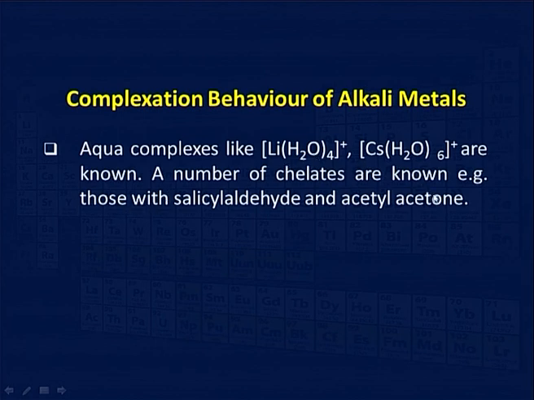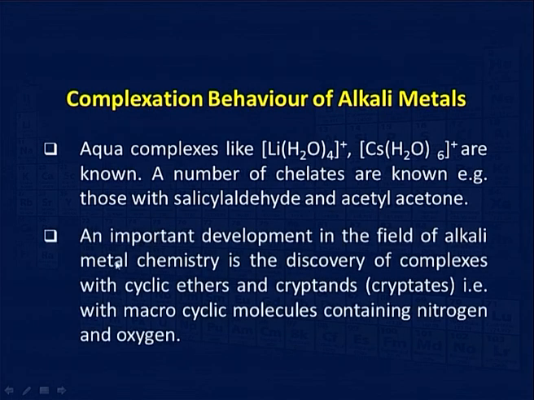A number of chelates are formed for lithium, which are known, such as with salicylaldehyde and acetyl acetone. Now, an important development in the field of alkali metal chemistry is the discovery of complexes with cyclic ethers and cryptands. Cyclic ethers are generally formed by combination of glycols.